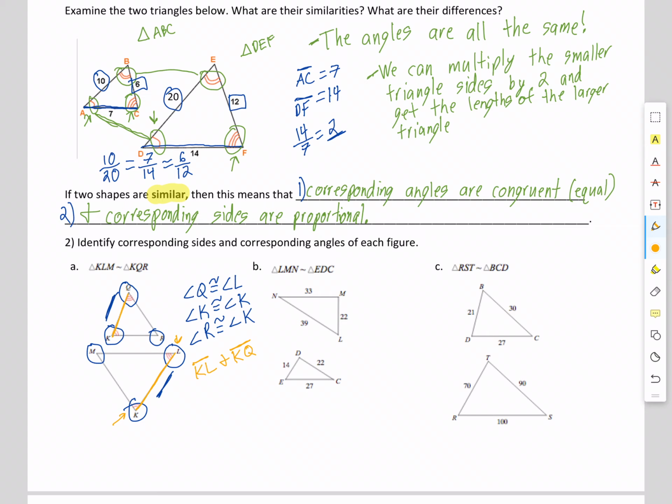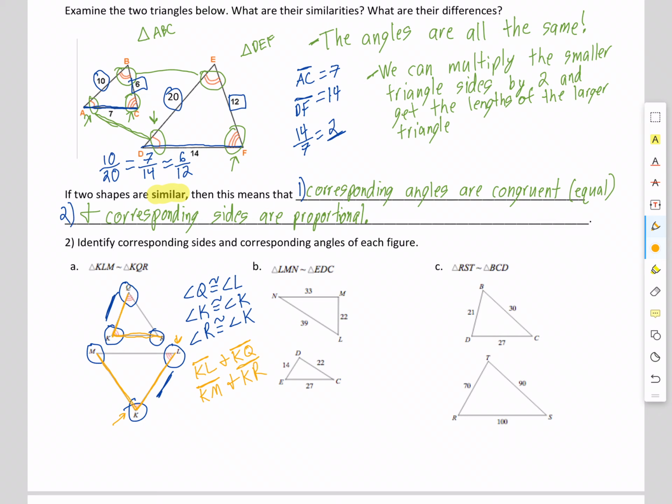And then if we looked at this one right here, KM, that's going from the 2 line angle out to the other one. So here KR would be that same one, so we'd have KM and KR.